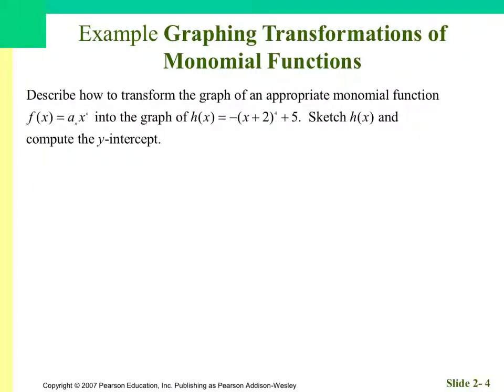Describe how you transform the graph from an appropriate monomial function, f of x equals a sub n x to the n, into the graph of h of x equals negative times the quantity x plus 2 to the fourth plus 5. So if you think about this, our parent function, consider it this.